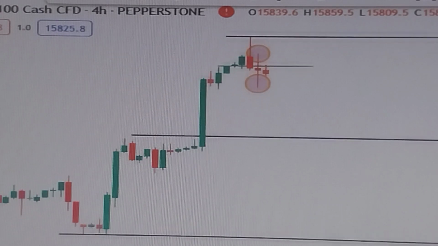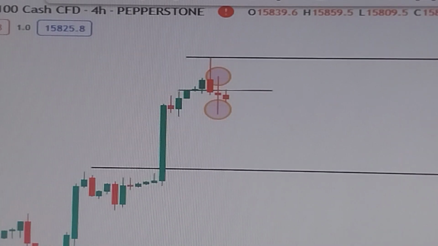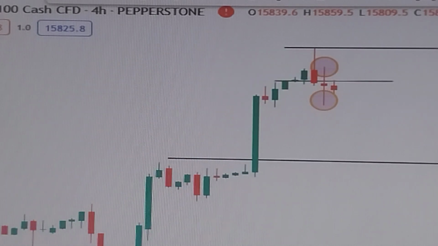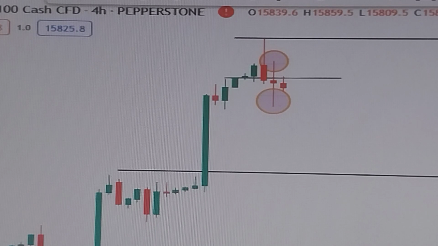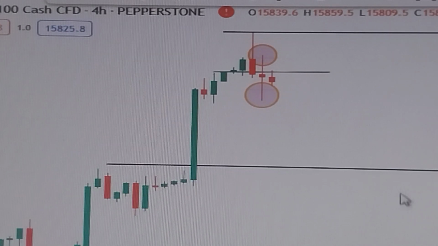When we zoom in the price, there's something that you have to see and look at as a trader.